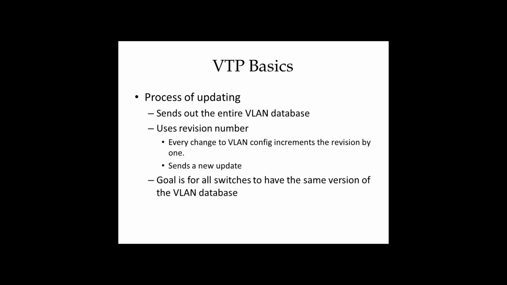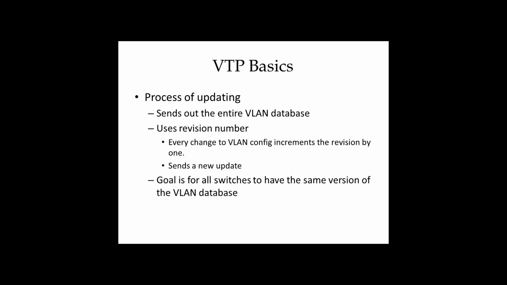Now, the way that it goes about updating, if any little change is made to a VLAN, the configuration information of that entire VLAN database is then sent out to all of the other switches in that VTP domain. And they use a revision number.